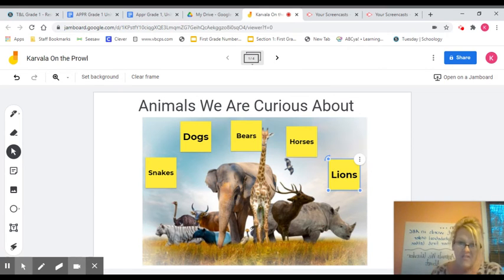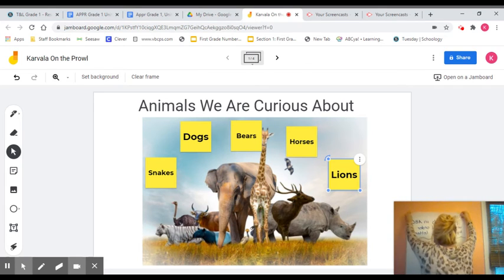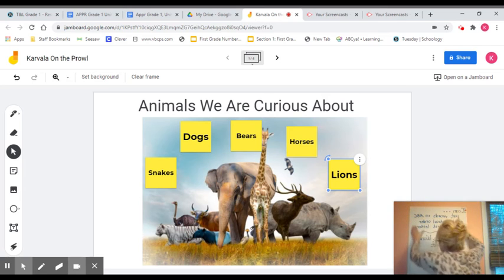So I hope you can see my poster here. I'll move it up a little bit for you. I have to figure out which one of my words here in my Jamboard would go first. Snakes, bears, horses, lions, dogs. Okay, so which word would come first if we were going in our word wall order or ABC order?